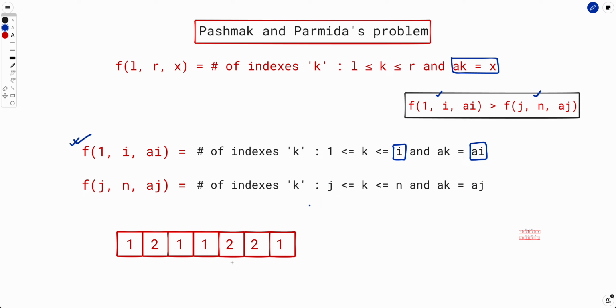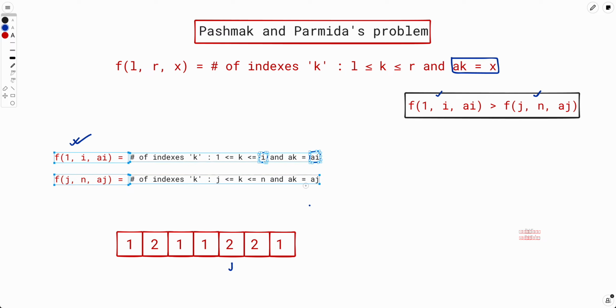Let's say this is j, and you have to find fj and aj. In this range, how many elements are equal to 2? There are two, and hence fj and aj for this j would be 2. Hope you got the definition of these two functions clearly.